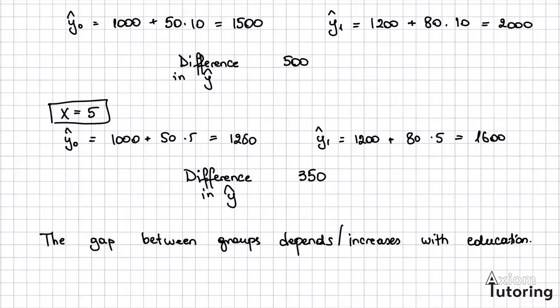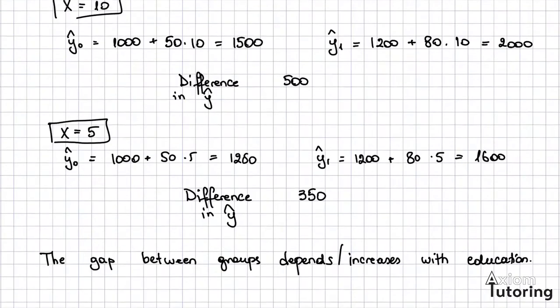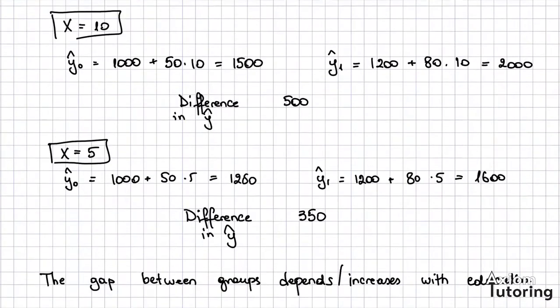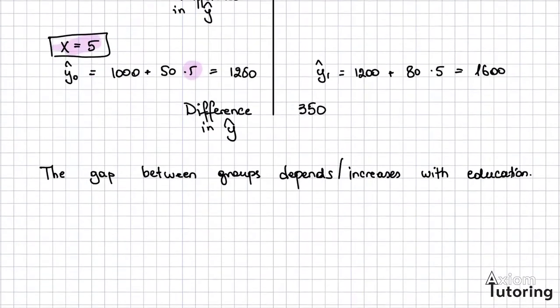Well, you can very clearly see that when we are switching from 10 years to 5 years in the first group, the only thing that is changing is what is multiplying the 50. So here 50 is multiplied by 10, here it is multiplied by 5. So even the predicted value, if we look just within the same group, depends on that slope in front of the x. So the gap grew exactly by 150.